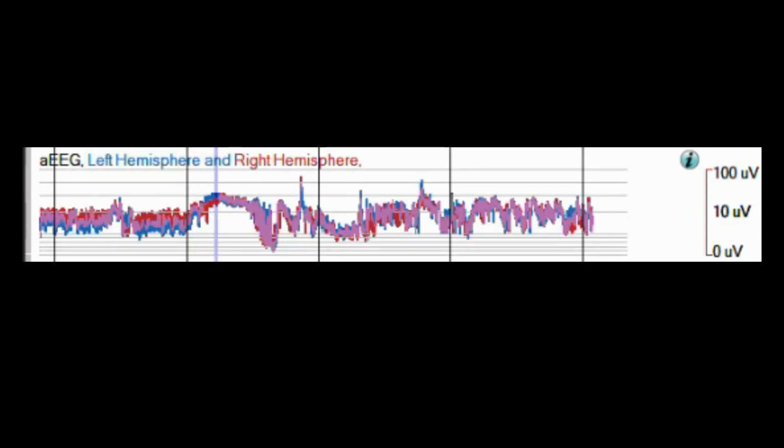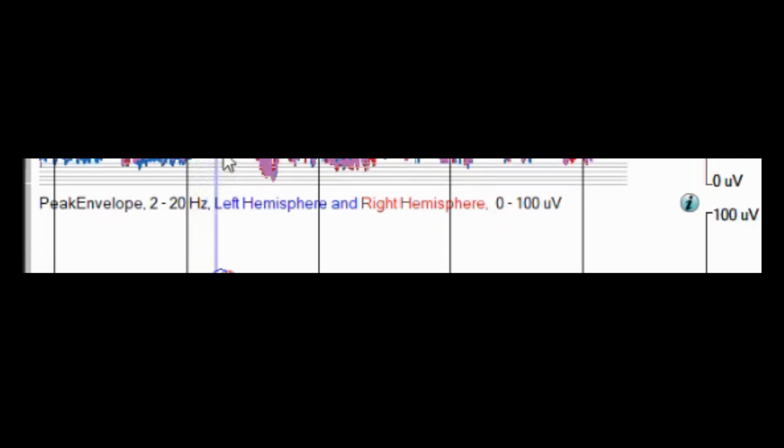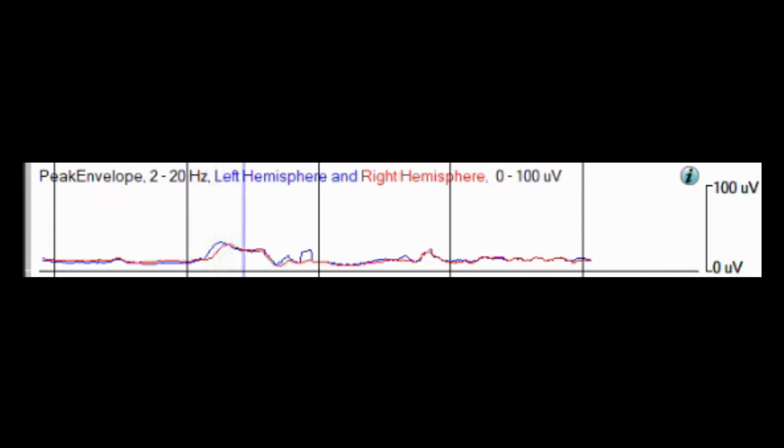You can see the amplitude grows or increases and then decreases with the seizure. And then we have this post-ictal suppression. The peak envelope basically mirrors the amplitude, well, for lack of a better word, the amplitude EEG trend kind of mirrors that pattern.